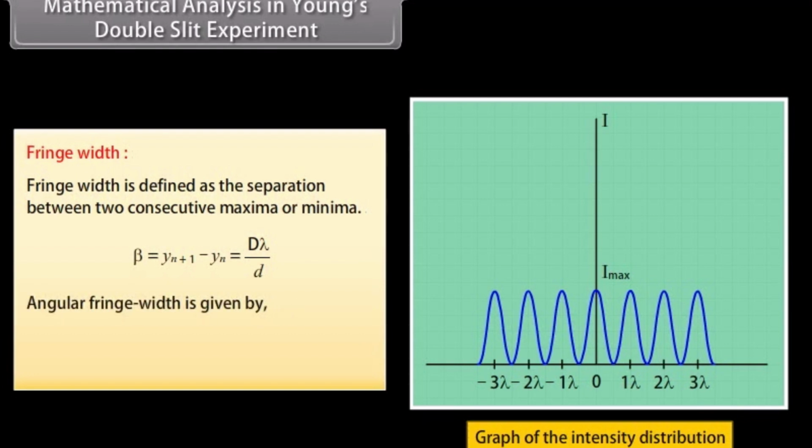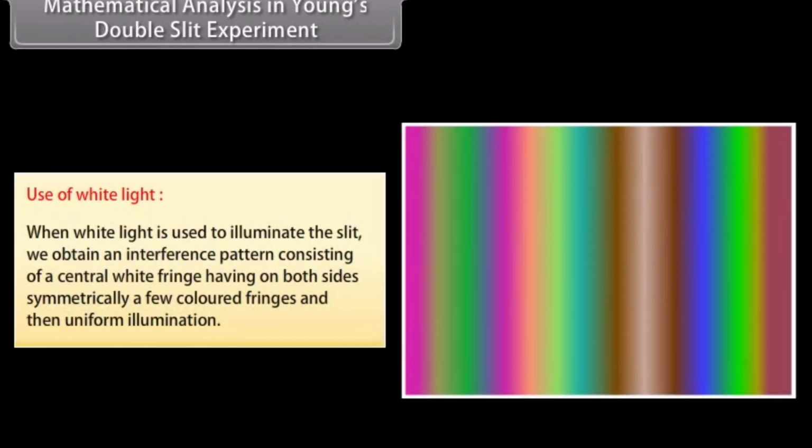Angular fringe width is given by beta upon D, which is equal to lambda upon d. Use of white light: when white light is used to illuminate the slit, we obtain an interference pattern consisting of a central white fringe having on both sides symmetrically a few colored fringes and then uniform illumination.